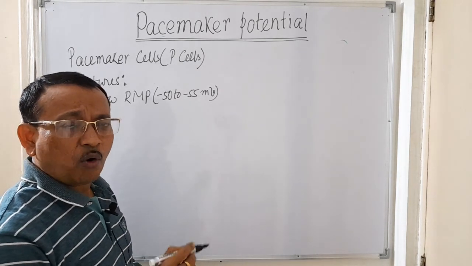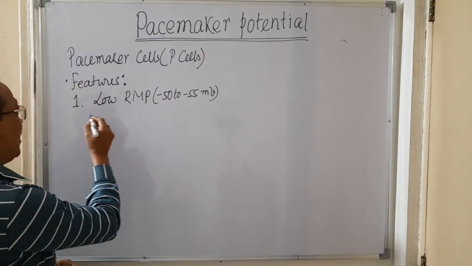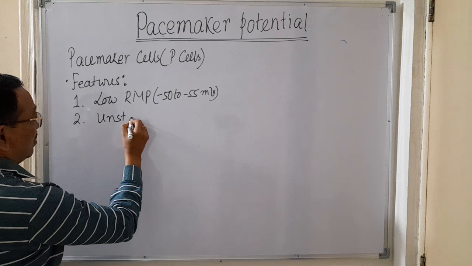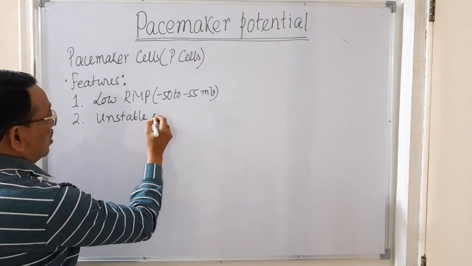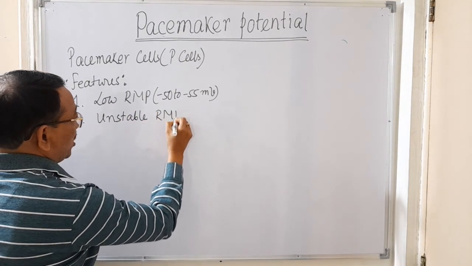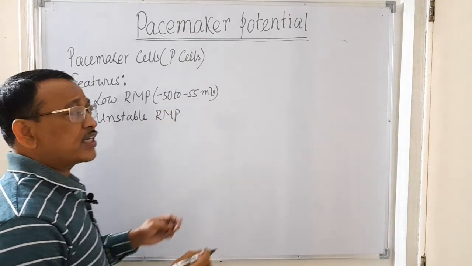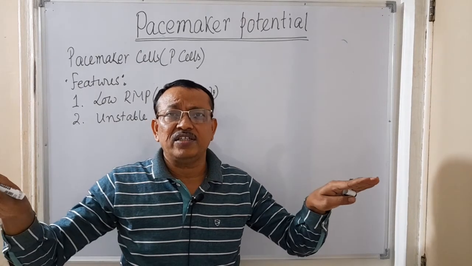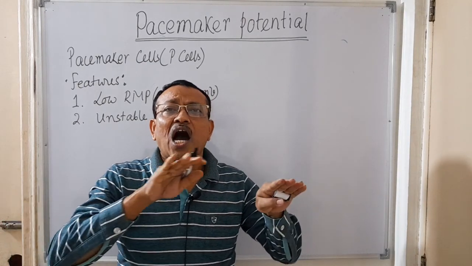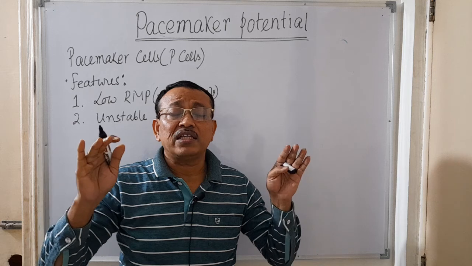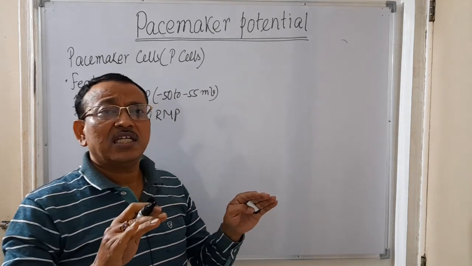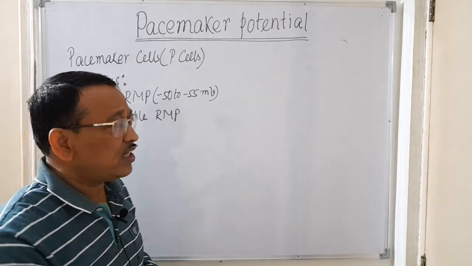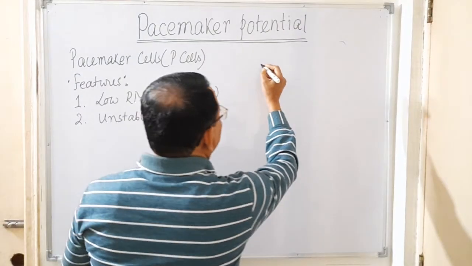The second important feature of these P cells is the unstable resting membrane potential. So the resting membrane potential is not fixed, it is not steady, it is unstable, and this instability is the slow falling of the inside electronegativity. Let us see this in the graph.